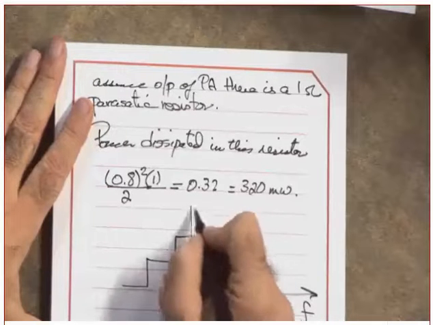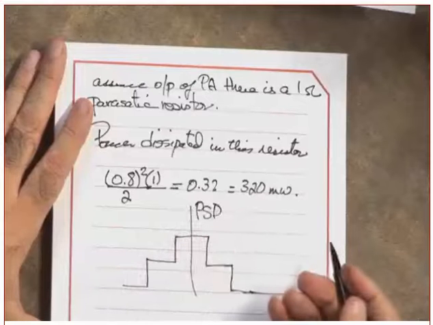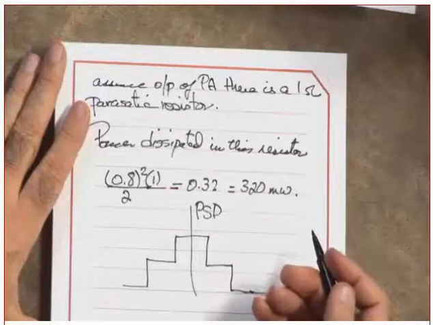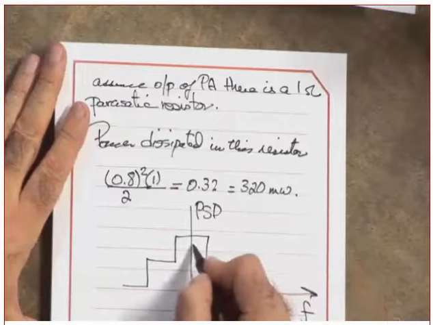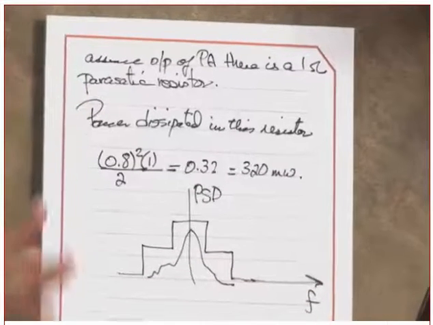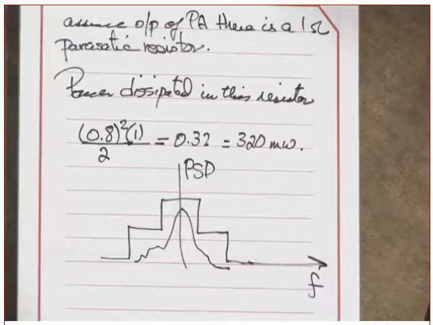This is the frequency. What am I sketching here? The PSD. PSD stands for the power spectral density, which is the power emitted per unit hertz. If it is in here somewhere, like this, then it means that your power amplifier is linear. You are not generating those side lobes.